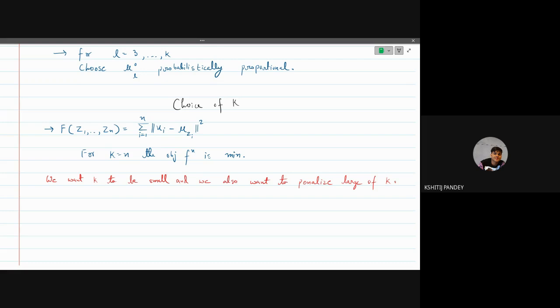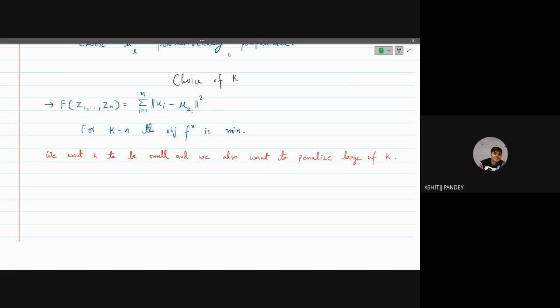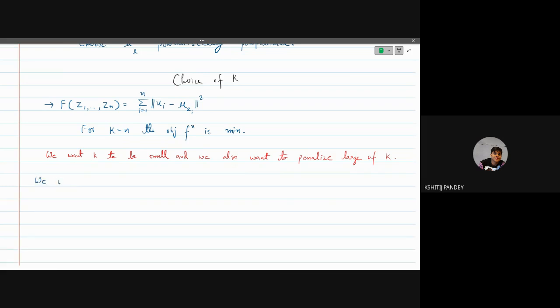So now what can we do? So now the modified objective function for us, when we talk about value of k, we want to find k such that we have small value of the below function.